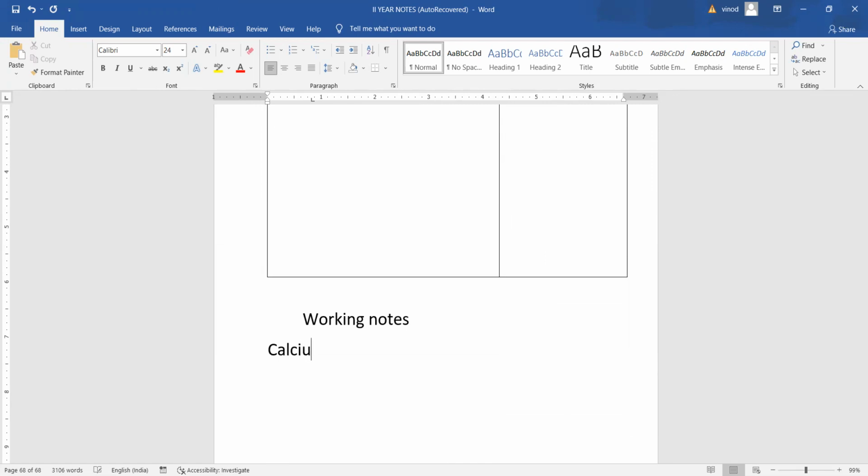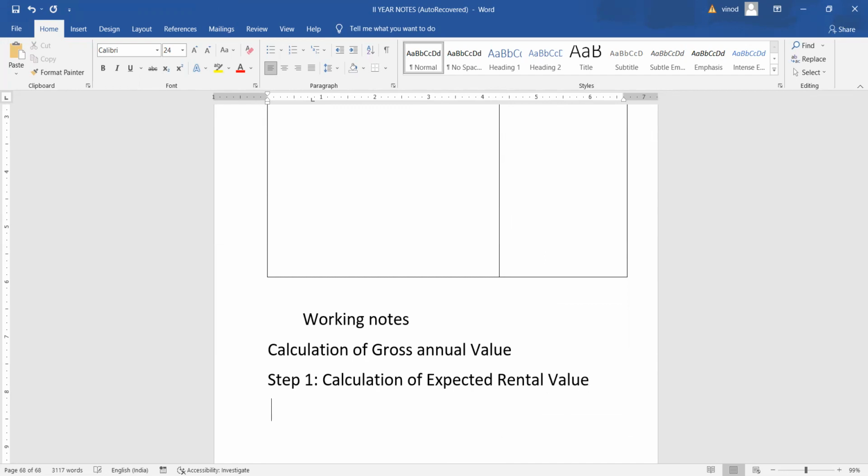Calculation of gross annual value. Step 1: calculation of expected rental value. Municipal rental value is 1,75,000.